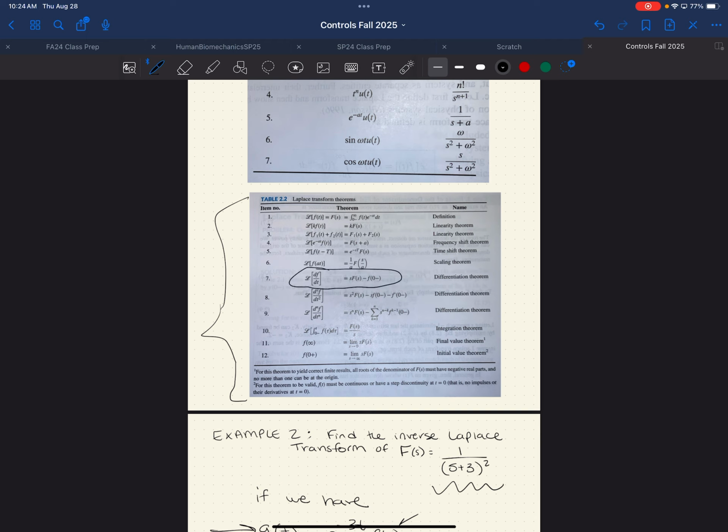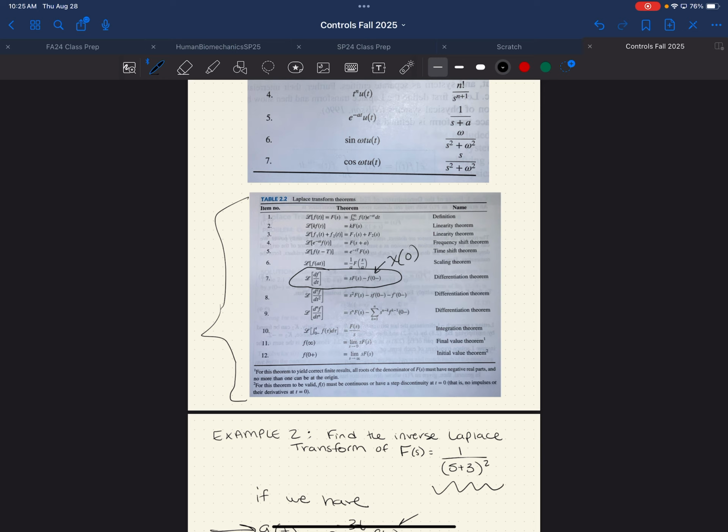If we do the first derivative, we take an s and we multiply it times the Laplace transform of that original function, but then we have to subtract our initial condition. So that initial condition here, for our variable in this problem x, would be x of 0. What is the position at time 0?